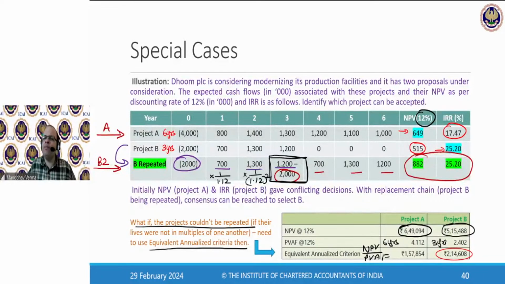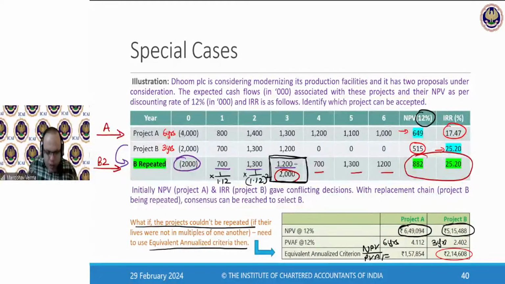But if you had to discount it quarterly, you guys know the rules, right? Your rate will be divided by 4 and your N, the time period, will be multiplied by 4 if it was a quarterly situation.